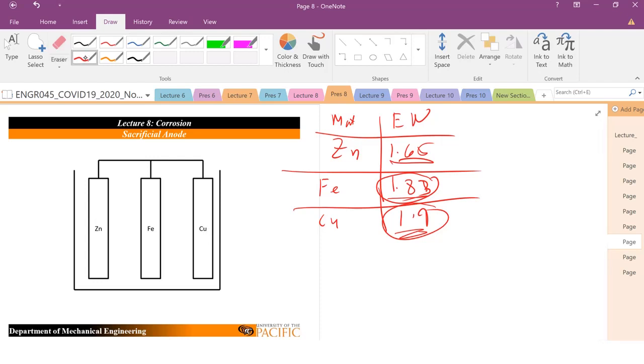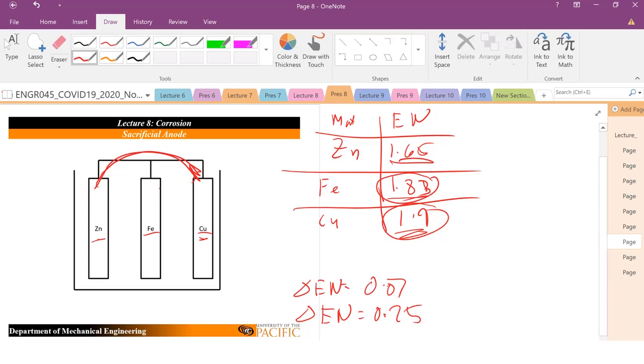So what is the electronegativity difference between iron and copper? It's just a 0.7 change in electronegativity, right? What about the difference between copper and zinc? Much greater, right? It's going to be 0.25 or 0.07, excuse me, 0.07. So we're going to pull a lot more electrons from zinc than we will from iron in this system.